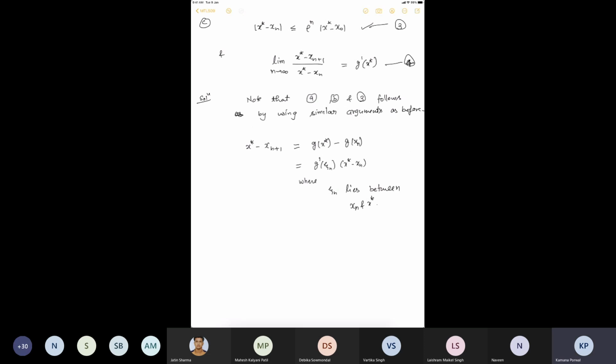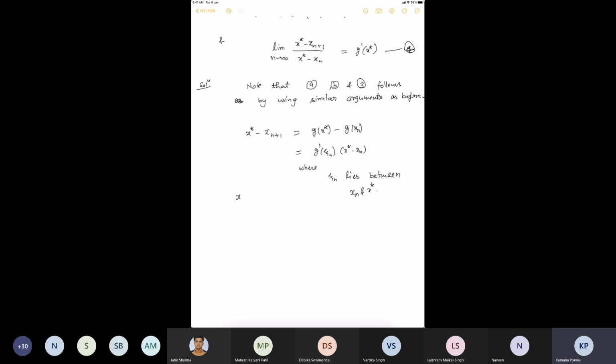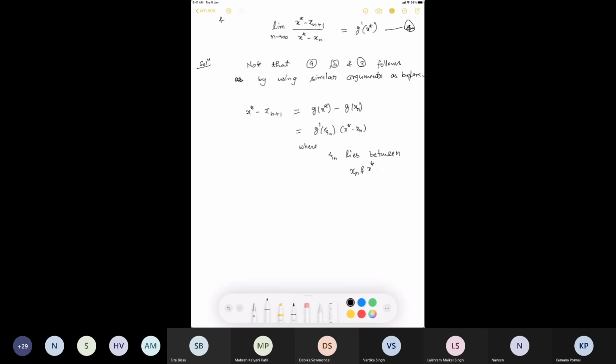Okay, so what we have to observe here is what will happen to the sequence xi as xn tends to x star. Note that as xn tends to x star, xi will also tend to x star, right? Because xi is lying between xn and x star.